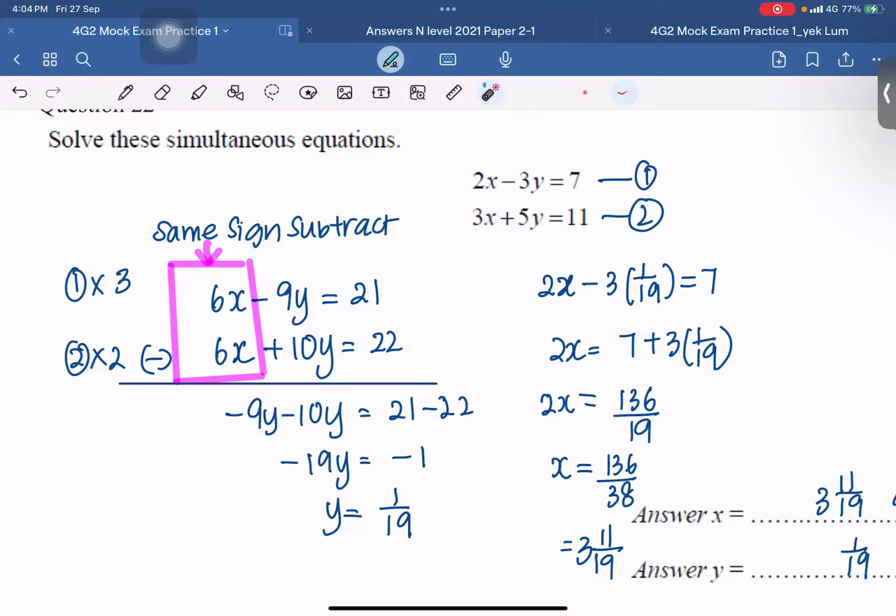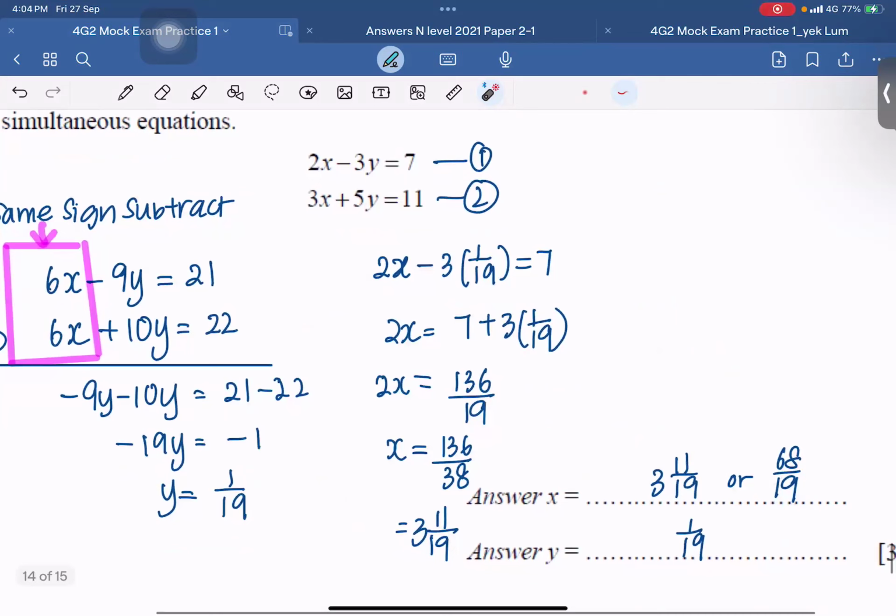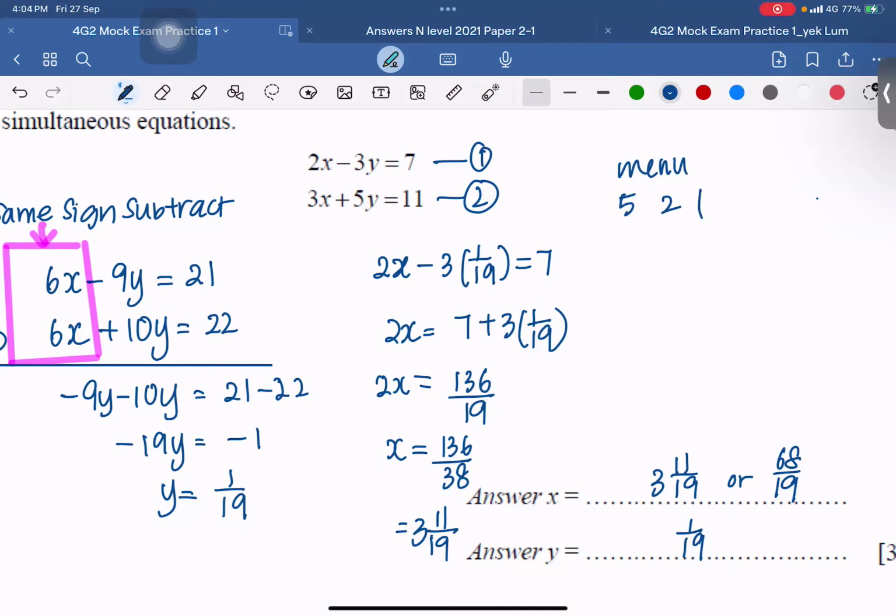For those of you who have the calculator, menu 522 type, you can use calculator menu 5, I think 521. You can try menu 521. To check answers, you key in your x is 2, negative 3, 7, x is 3, 5, 11. Then you press equal sign, and it will give you the value for your x and the value for your y.